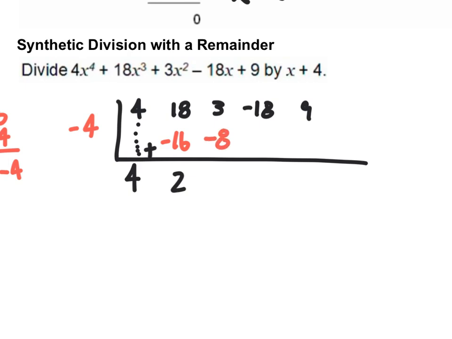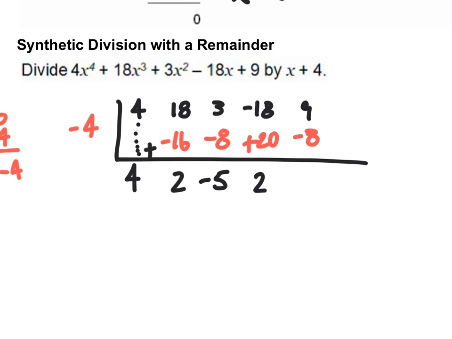If I take 3 plus negative 8, that gives me negative 5. Now if I multiply negative 4 by negative 5, that gives me positive 20. When I add negative 18 and positive 20, that gives me a positive 2. Then I multiply negative 4 times 2, and that gives me negative 8.